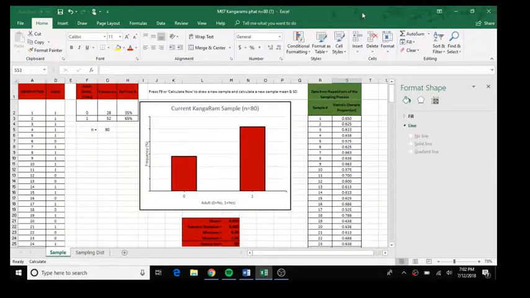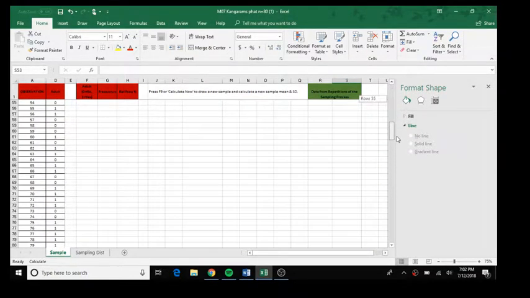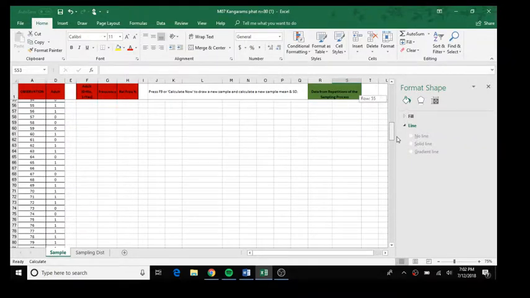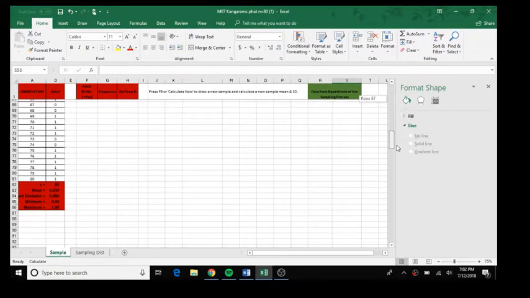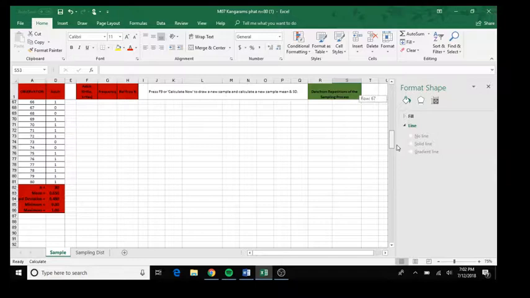Alright, so I will be doing the current Kangaram, I hope I'm saying this correct, sample, and my sample size is n equals 80. So in my spreadsheet, they gave me 80 observations and randomly assigned some of the adults to 1.